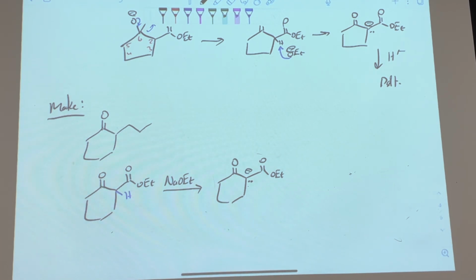And now I can use that as a nucleophile. I want a 3-carbon chain. Throw in bromopropane, and it will do SN2 chemistry.